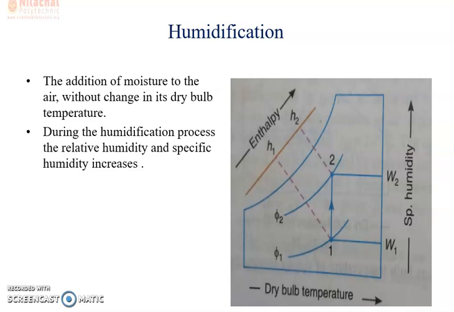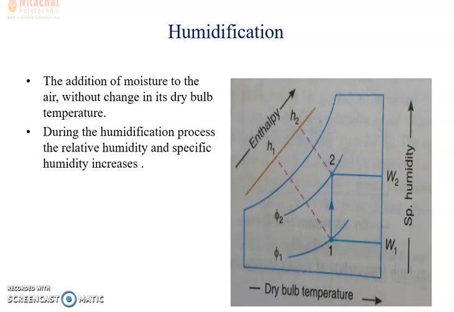So the change in enthalpy per kg of dry air due to the increase in moisture content is W2 minus W1 per kg of dry air. So we can write LH is equal to H2 minus H1.